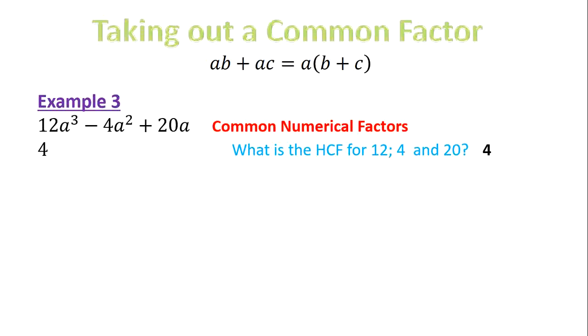And so we write down 4. Then, what is the common variable factors? And so we've got an a cubed, an a squared, and an a. Hopefully you can see that it's a. And now we write an a next to our 4. That is our highest common factor, 4a.